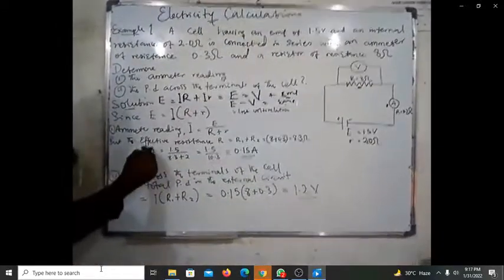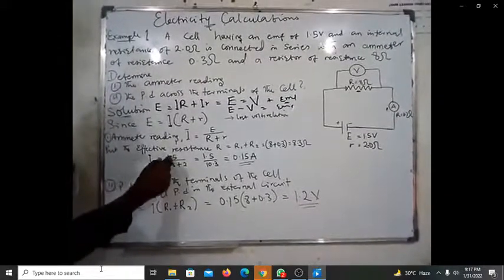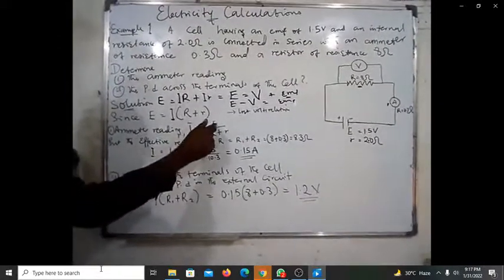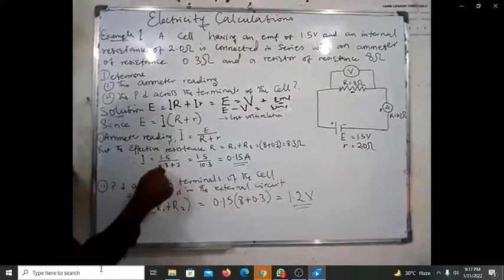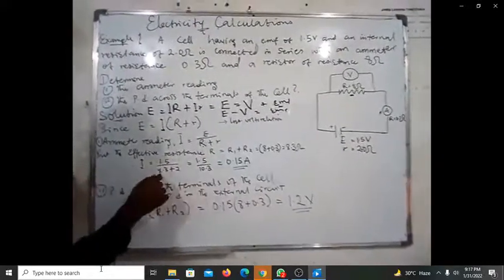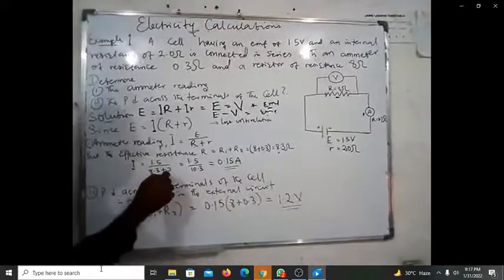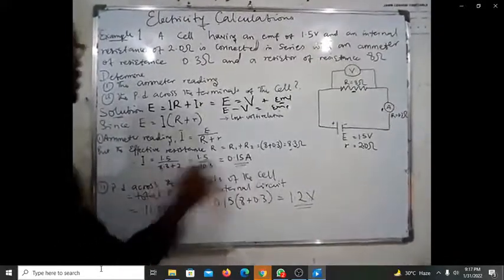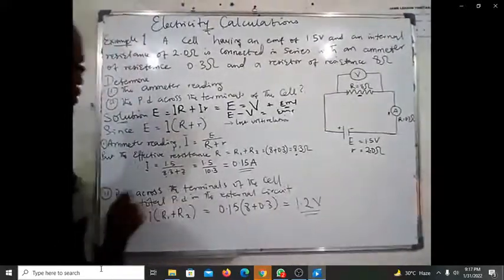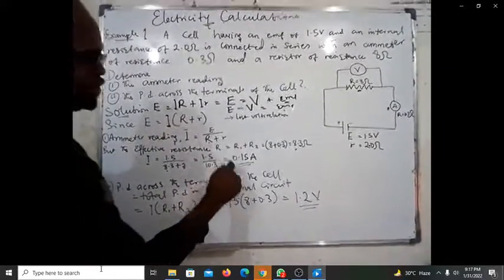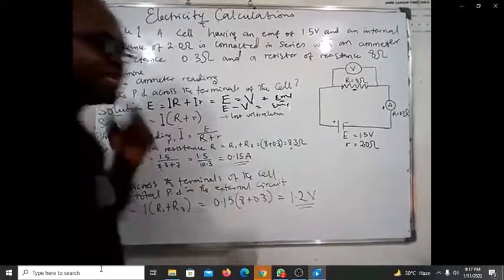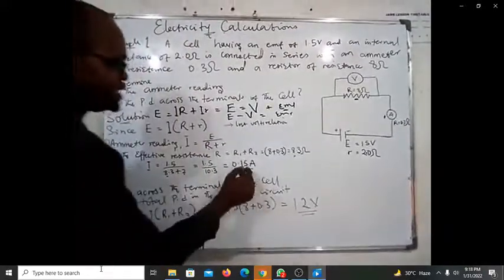So now current is equal to E, which is 1.5, all over the effective resistance, 8.3, plus the internal resistance, 2.0. So you have 1.5 all over 10.3, giving us 0.15 A. Is that clear? So that is the ammeter reading.